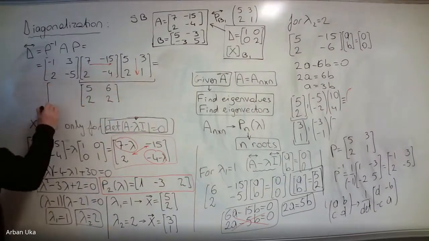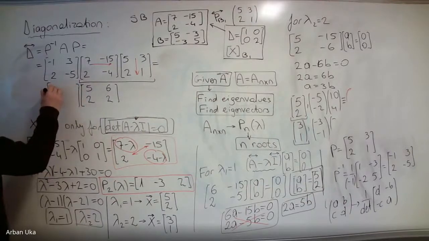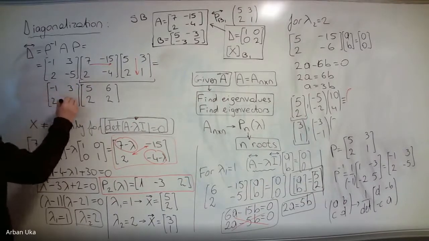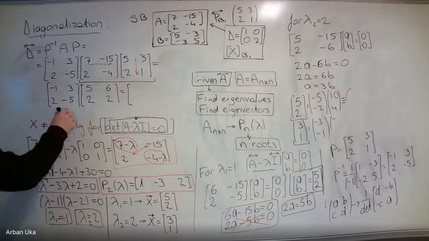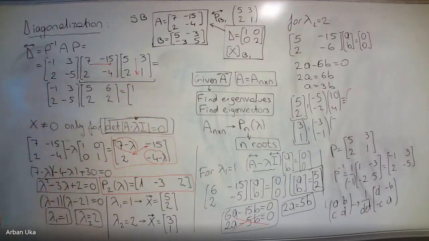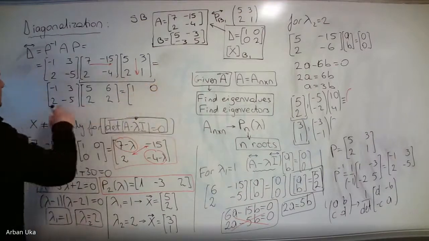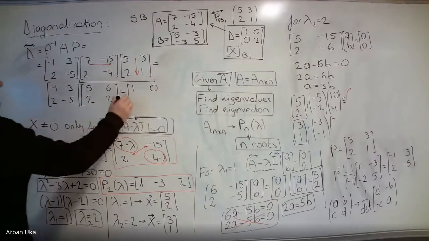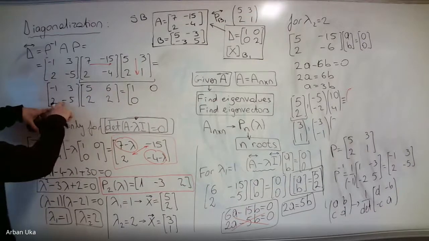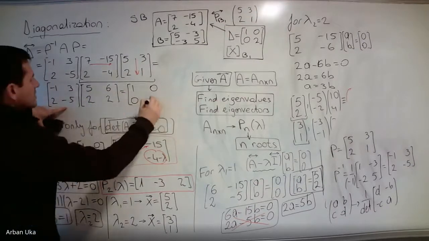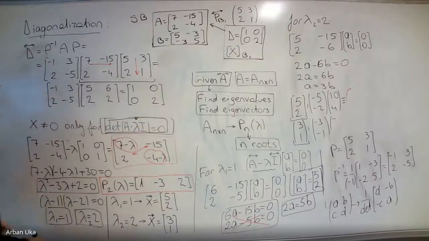Okay, then let's multiply here. This is minus 1, 3, 2, minus 5. This is equal to minus 5 plus 6, 1, minus 6 plus 6, 0, 10 minus 10, 0, 2 times 6, it is 12, minus 10, this is 2, okay?